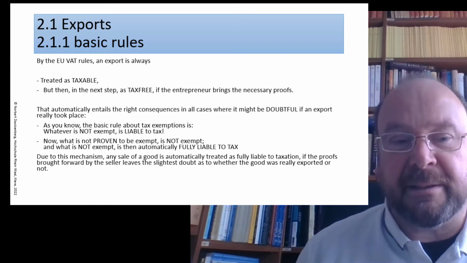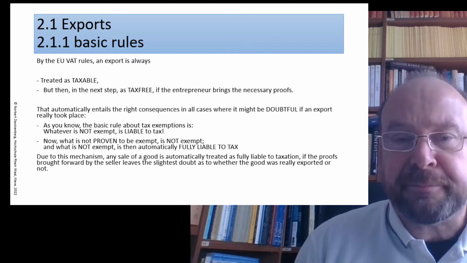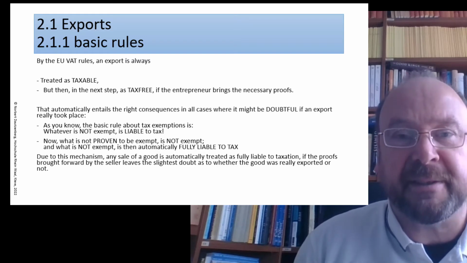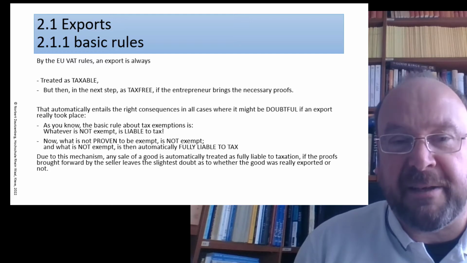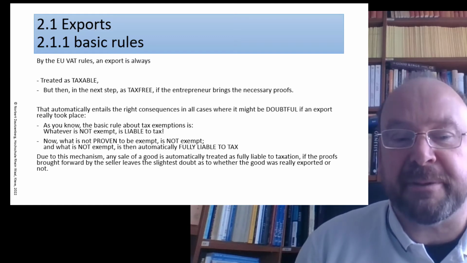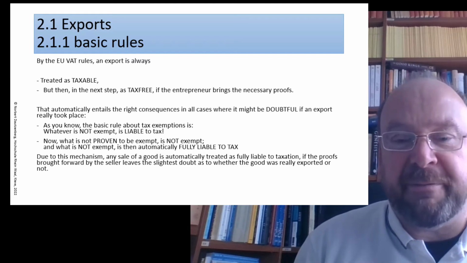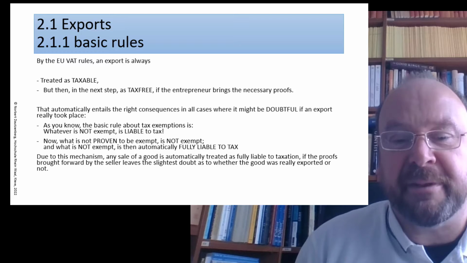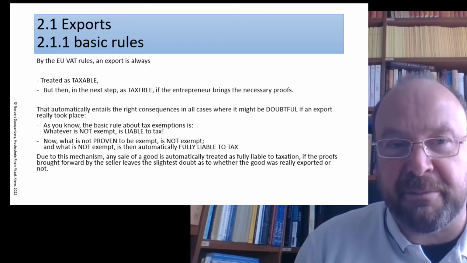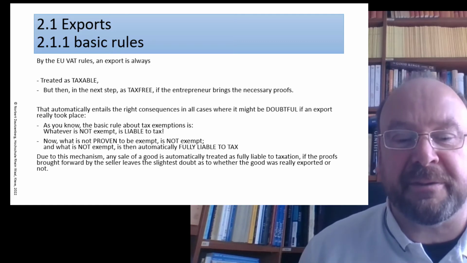That brings along a very strong incentive for entrepreneurs, suppliers, to have the full documentation and really foolproof proofs for an export. So whenever the proofs for an exportation leave the slightest doubt if that really happened, then automatically it's not proven, and then automatically things become fully liable to tax.